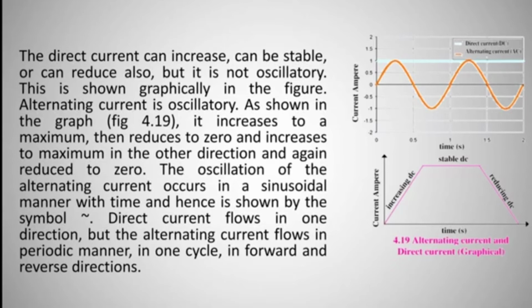The oscillation of the alternating current occurs in a sinusoidal manner with time and hence is shown by the symbol of a squiggly line. Direct current flows in one direction, but the alternating current flows in a periodic manner in one cycle in forward and reverse direction.